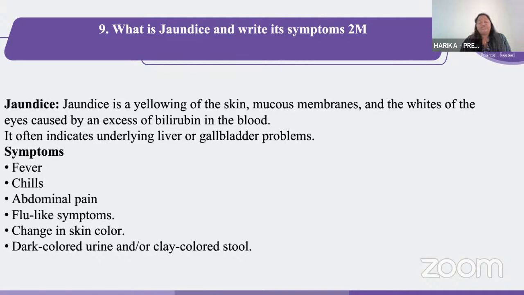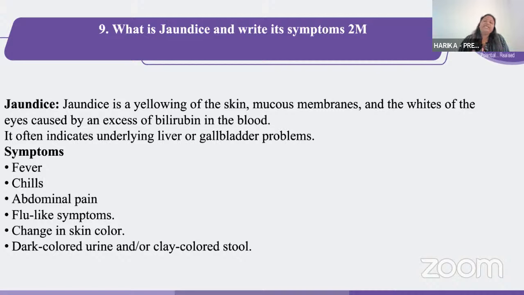Because the tissues, cells, and membranes are turning yellow. Why? Because bilirubin is secreted in excess amounts in the blood, which is causing the cells to turn yellow. Okay. It often indicates underlying liver or gallbladder problems.